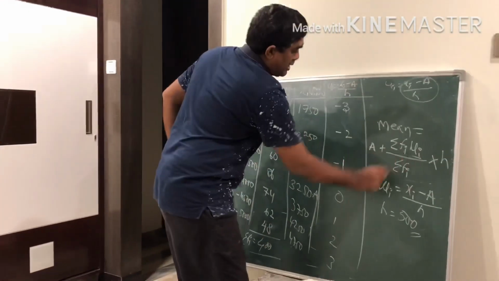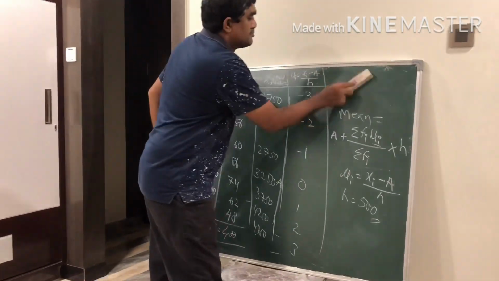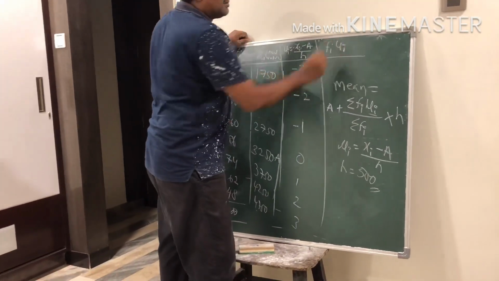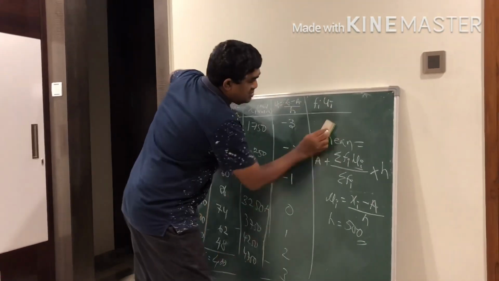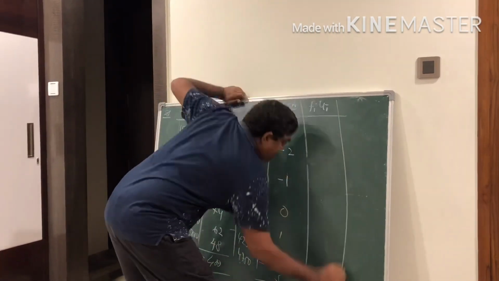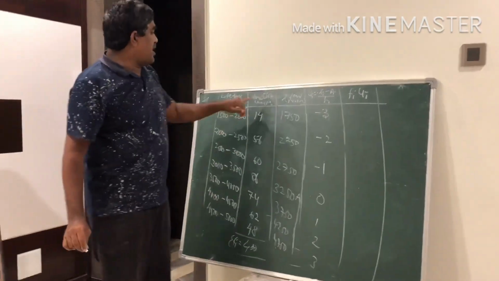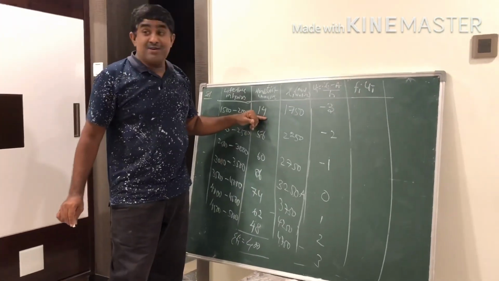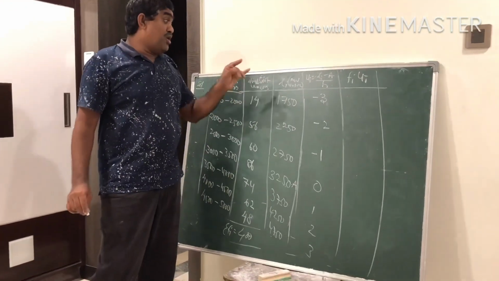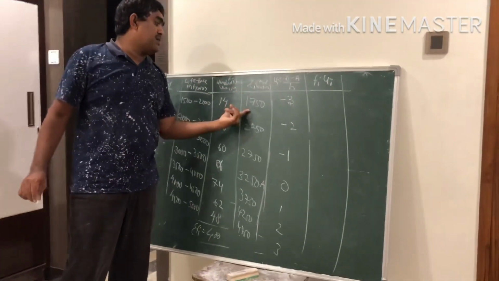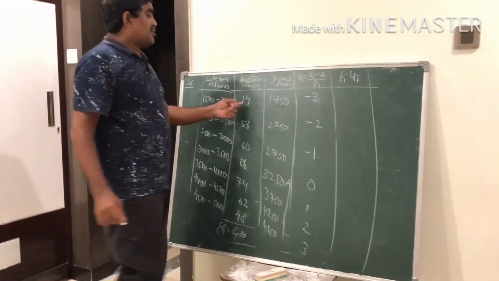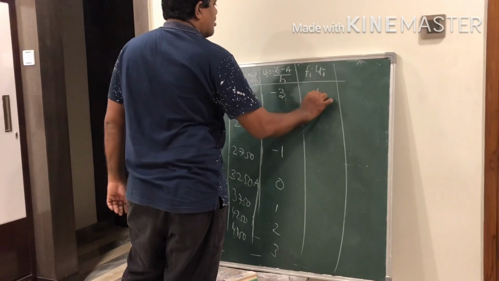So what is the formula? Sigma fi mu i, a plus. First of all you want fi mu i multiplied, then only you can do the sum. First we'll do. 1 7. Fi mu i. Where is fi? 14. Mu i, 3. So when you are doing fi xi, you have to multiply this 2. But here simple one. 14 into 3 is 42.